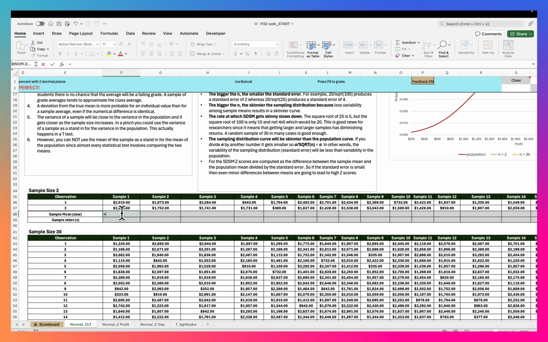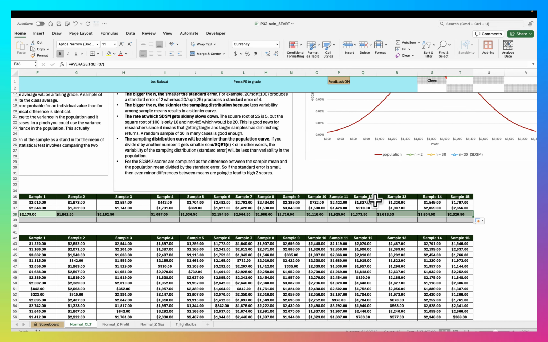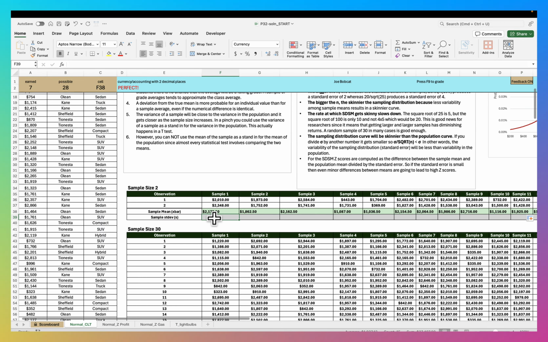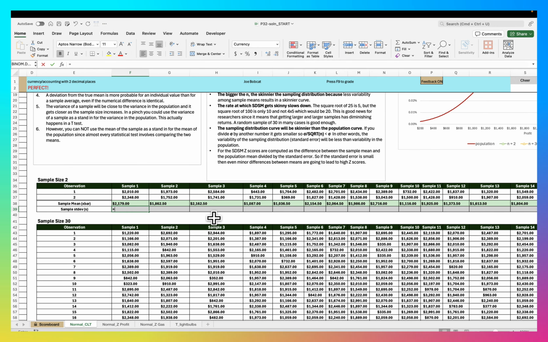And so we're going to begin by calculating the average value of each sample, dragging that across. And then we'll get the standard deviation also. And this is .S because they are samples.